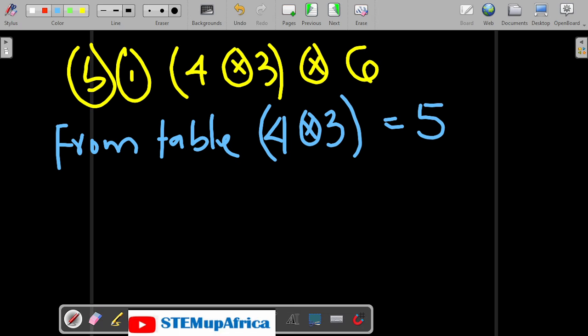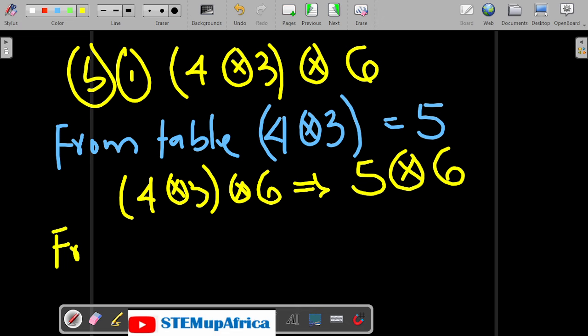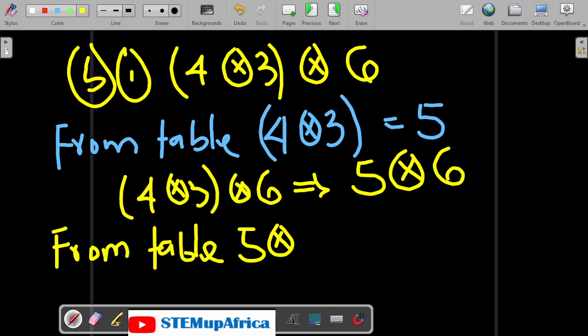So I'm having 4 multiplying 3 multiplying 6 will be equal to 5 multiplying 6. So let's check from the table. What is 5 multiplying 6?